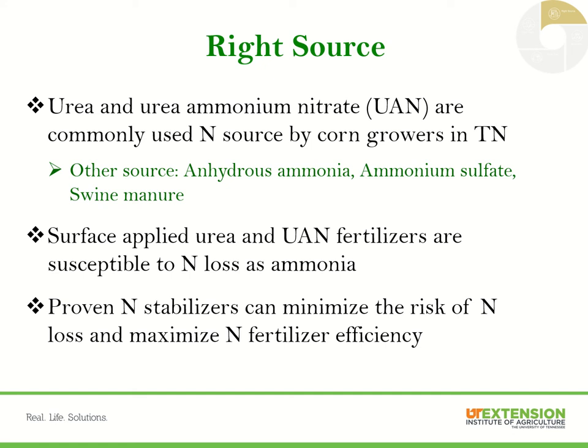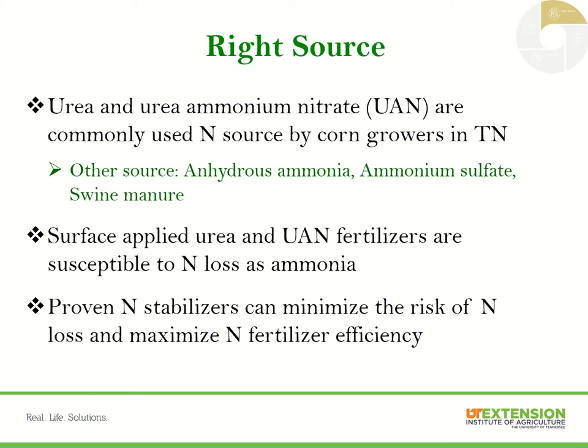One of the biggest drawbacks when it comes to urea-based fertilizers is that when they are surface applied and are not incorporated into the soil, either by rainfall or tillage, within the first 3 days, they are susceptible to nitrogen loss as ammonia. Studies that have been done right here in Tennessee have shown that you could lose up to 28% of that nitrogen as ammonia within the first 6 days.